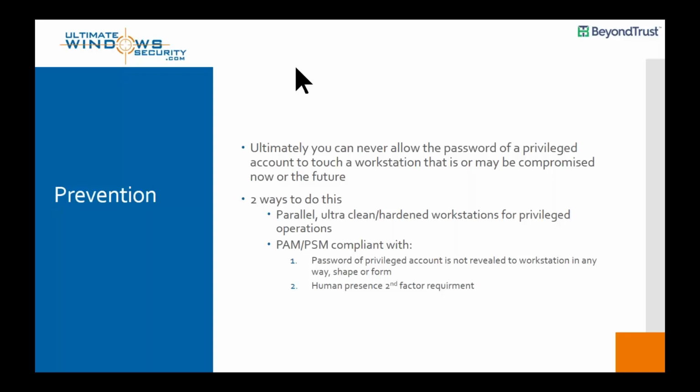A one-time password hard token or soft token on a smartphone. That requires the human to read that 6-digit number and enter it in, and it's out of band from the workstation involved. So that's what I'm talking about with human presence.